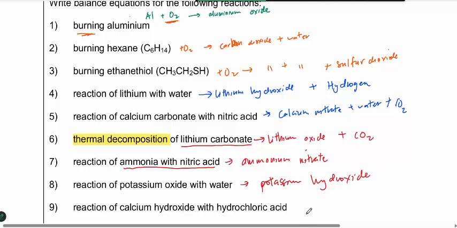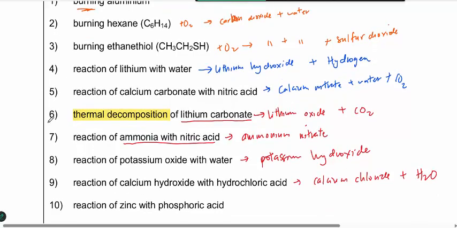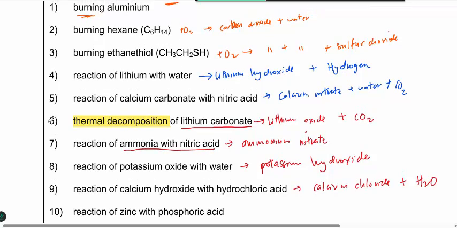And finally, calcium hydroxide with hydrochloric acid becomes calcium chloride and water. Okay, Chen En, I want you to do these 9 equations. Oh, got one last one, sorry. Zinc with phosphoric acid becomes zinc phosphate plus hydrogen. Okay, can you send this to me in 10 minutes?